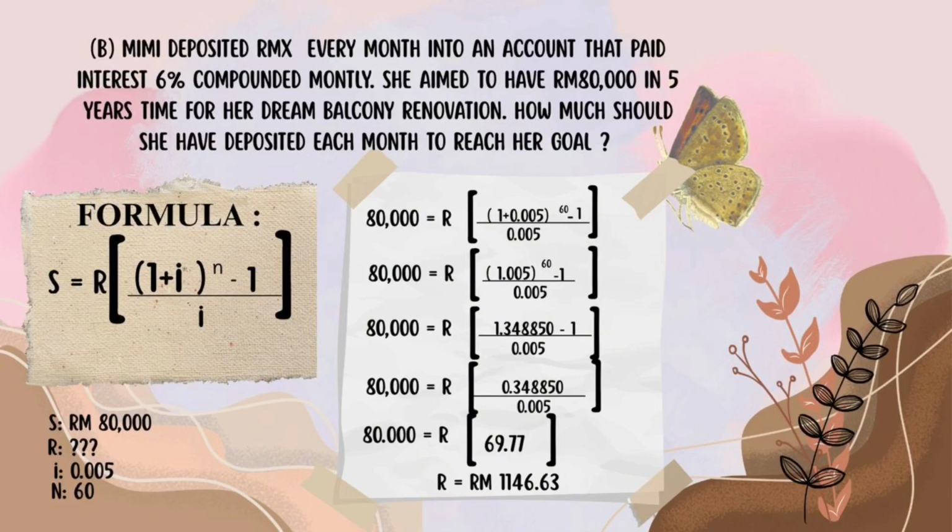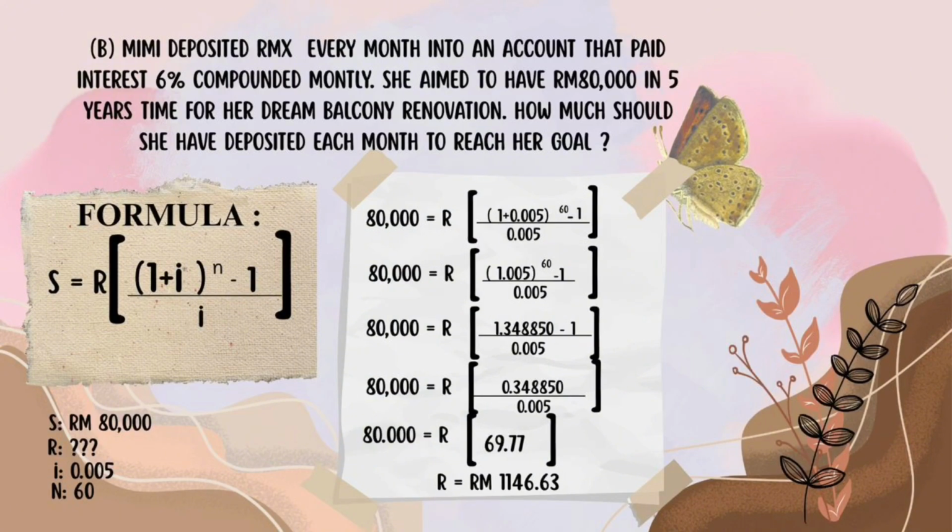So then 80,000 equals R. Then we repeat the same formula, just put in bracket 1.005 to the power of 60 minus 1 divided by 0.005.